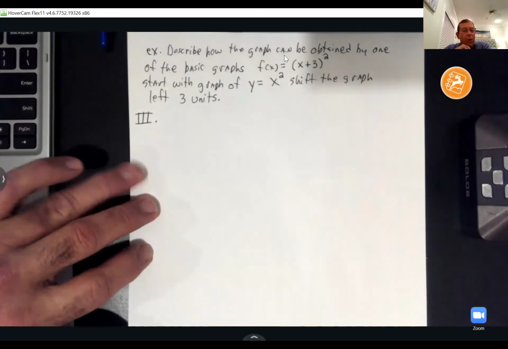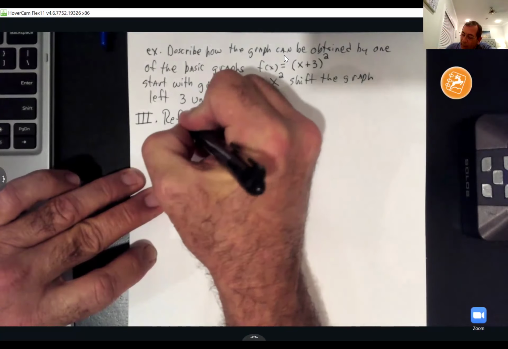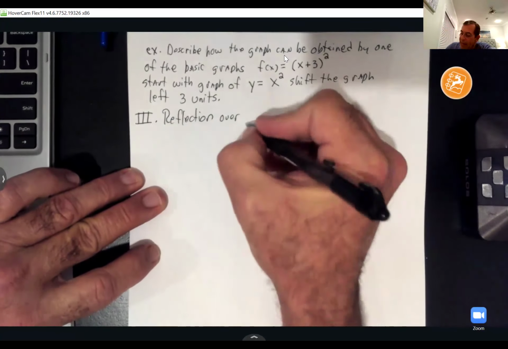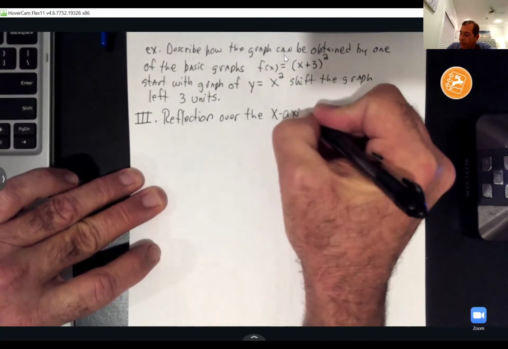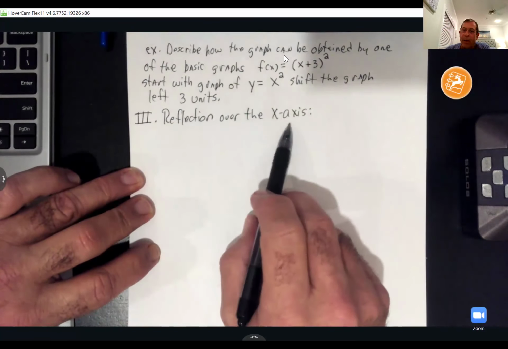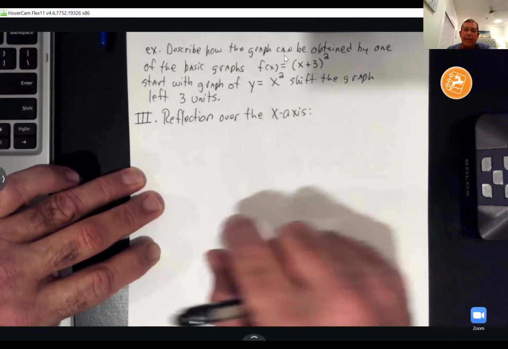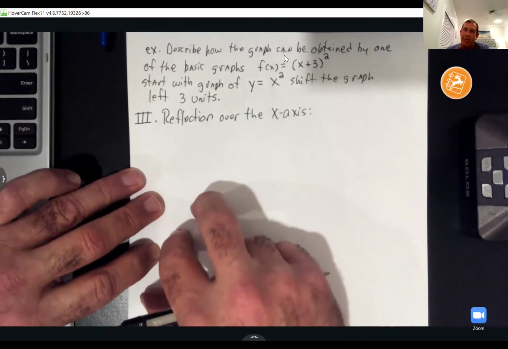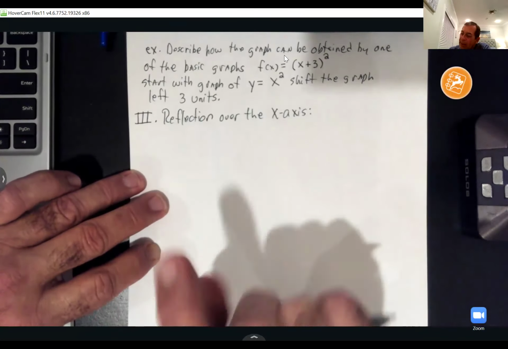Now the third move is a reflection over the x-axis. Now y'all look here. We're only going to be reflecting over the x-axis. If they give you the option of the y-axis, don't pick it because we're not reflecting anything over the y-axis in this chapter. That'd be like on the last test when we mess with the y-axis.